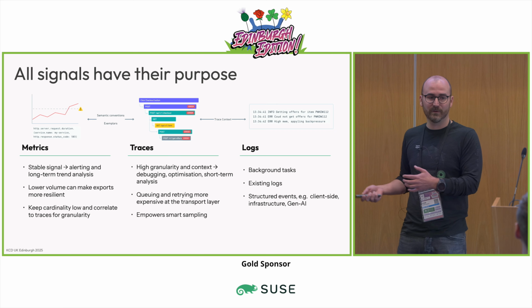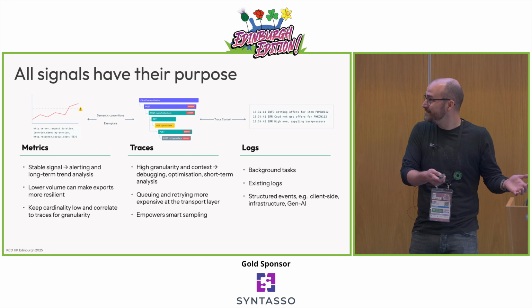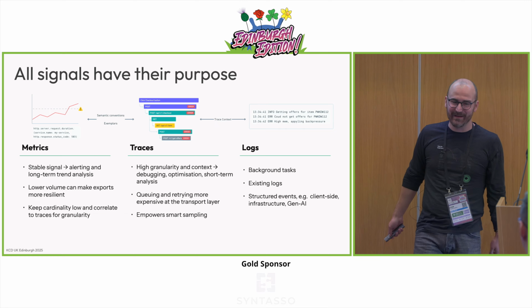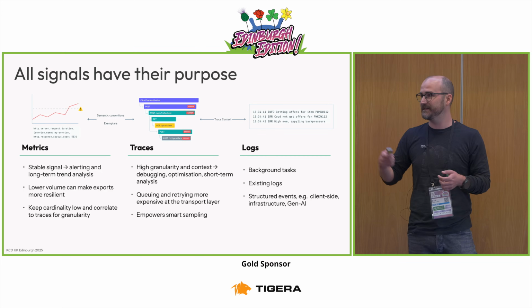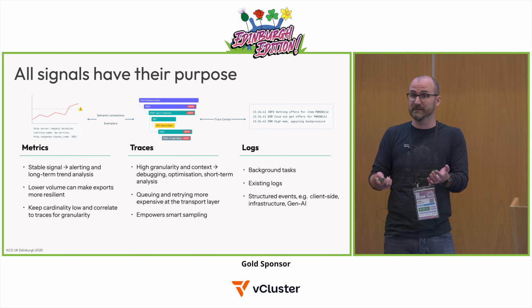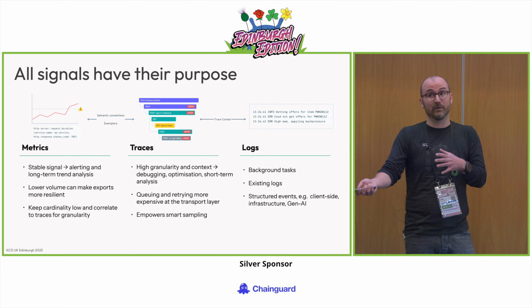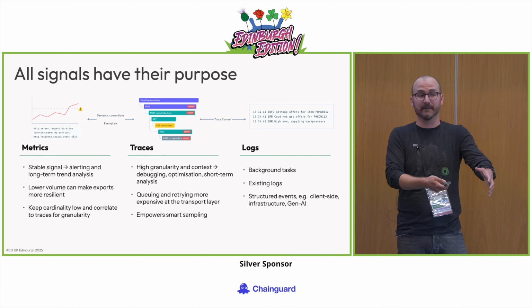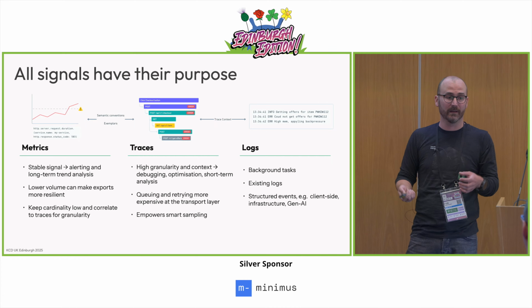And as well, we've got logs. Logs, they still have their uses, right? We have background, anything that is not perhaps in the context of a trace, like background tasks, startup, shutdown. We've got applications and libraries that are using logging already, and you might not be able to move to span data or to trace data, but you can inject that context into the logs and then correlate them.